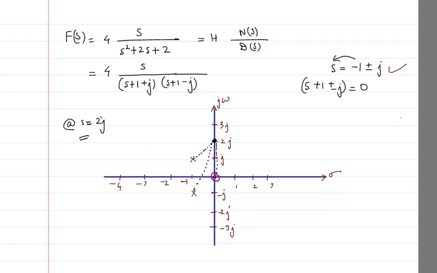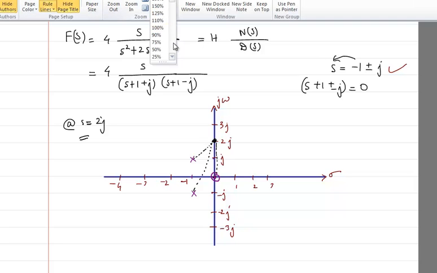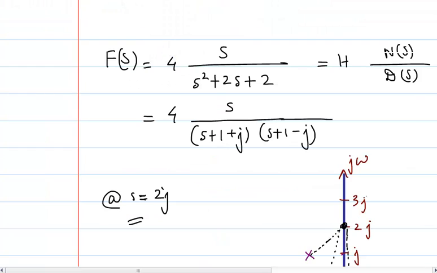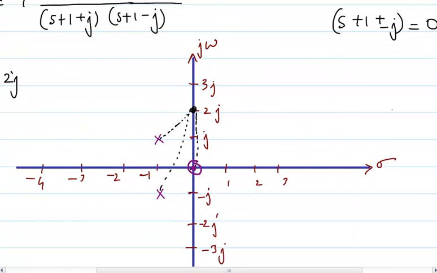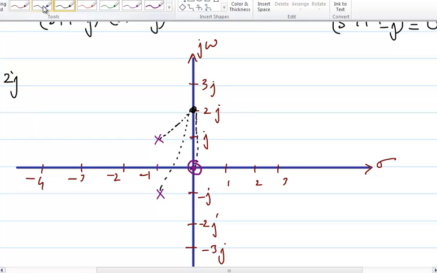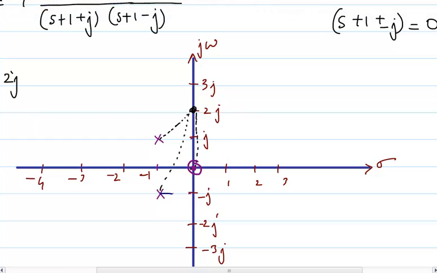Now see, let me expand this because I want to explain it to you. Now if I look here, you see the real axis. You have to draw a real axis for each and every one of them. So this is the real axis for this pole.